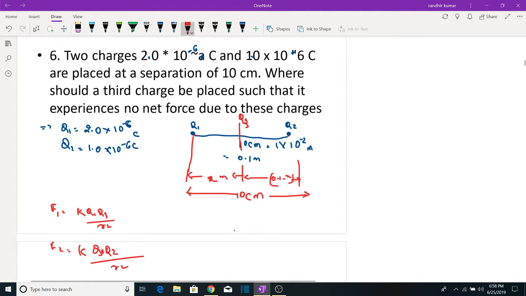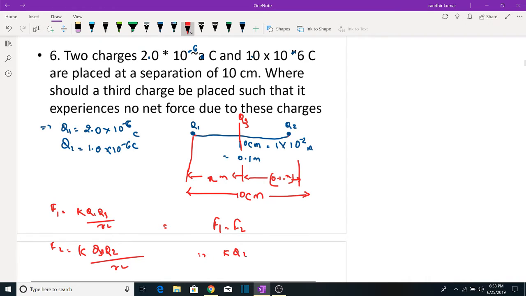Those are the two forces. If the net force is equal to 0, then F1 equals F2.